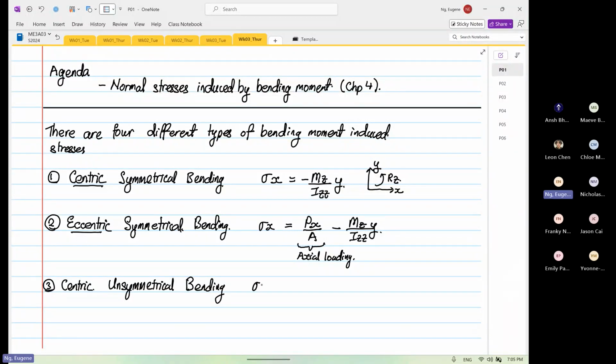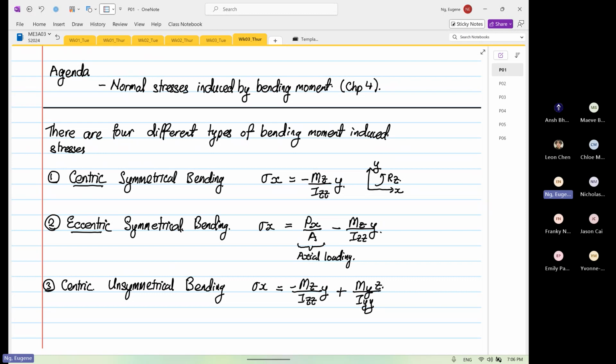Again you have stress x. Now you have bending moment acting about two axes. So I'll write down minus Mz over Izz multiplied by y plus My over Iyy multiplied by z.